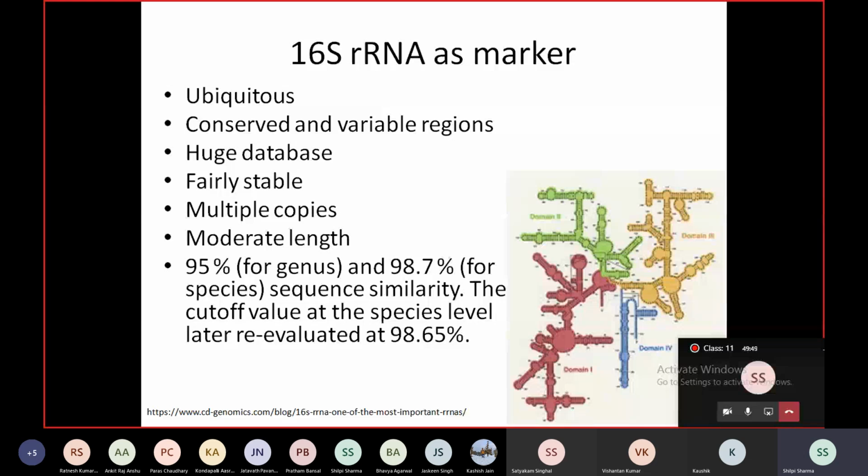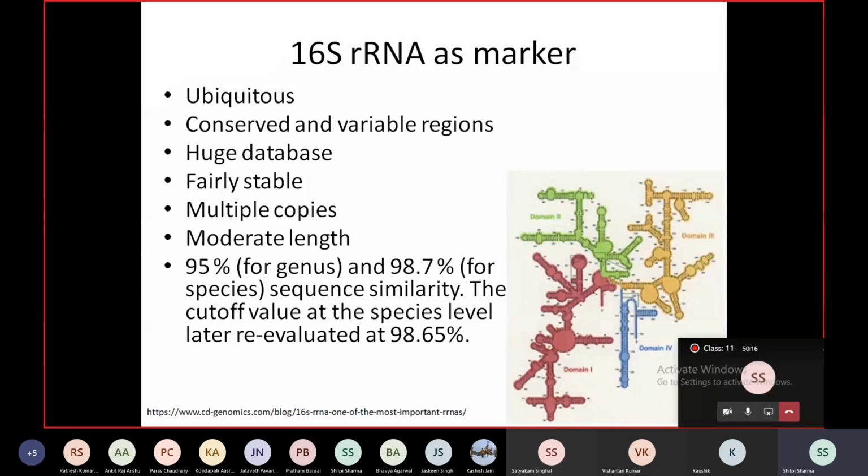It is ubiquitous, of course. It has various regions, and in the next slide, which are conserved across the whole domain, across entire bacteria. You will have these sequences which are completely constant for every bacterial member, but there are also variable regions which are characteristic for a particular genus or characteristic for a particular species.